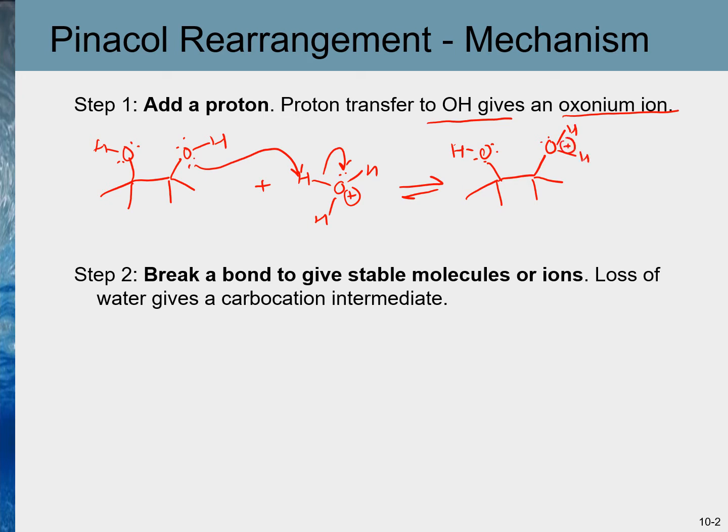So this oxonium ion is a much better leaving group than the hydroxyl group. This step is a rapid and reversible step, and it's not the rate determining step.